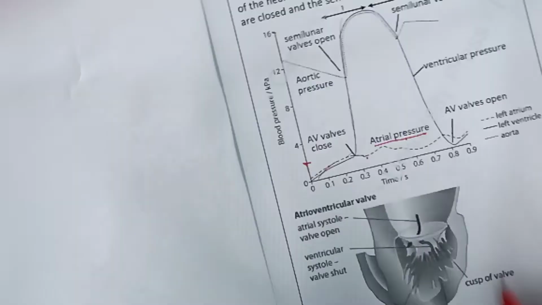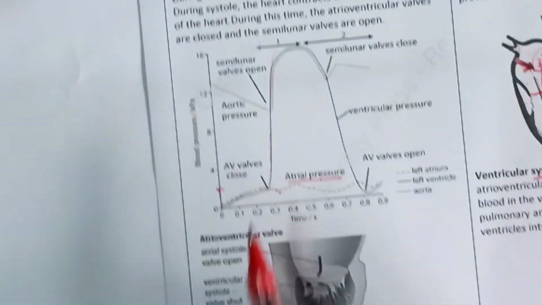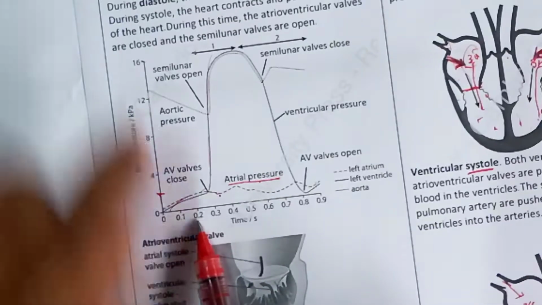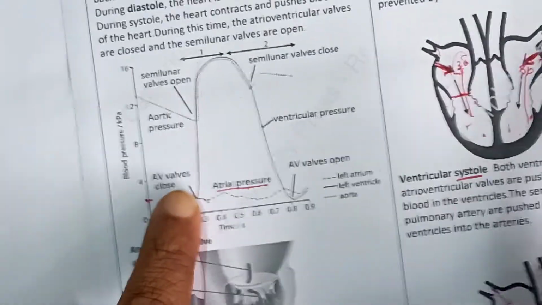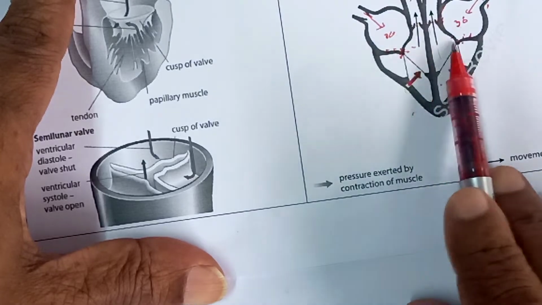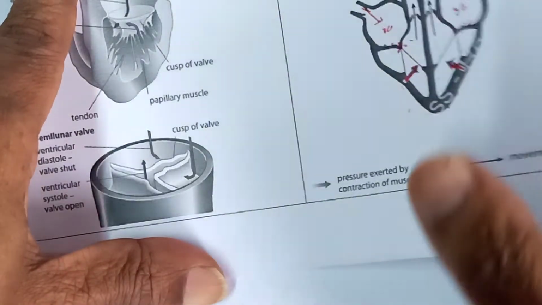Okay. Now you can see here when the atrioventricular valve closes. Look at the valve here. Atrioventricular valve closes just before ventricular systole. Okay.